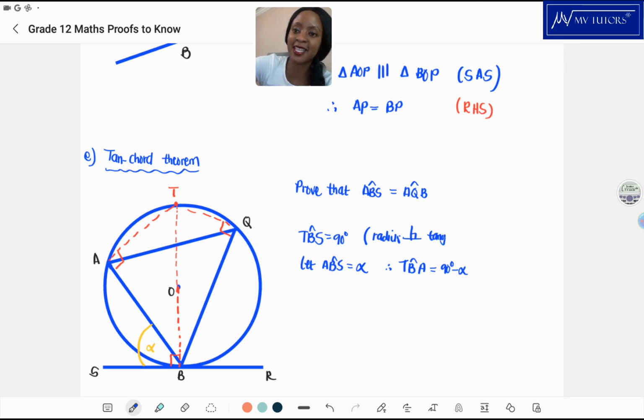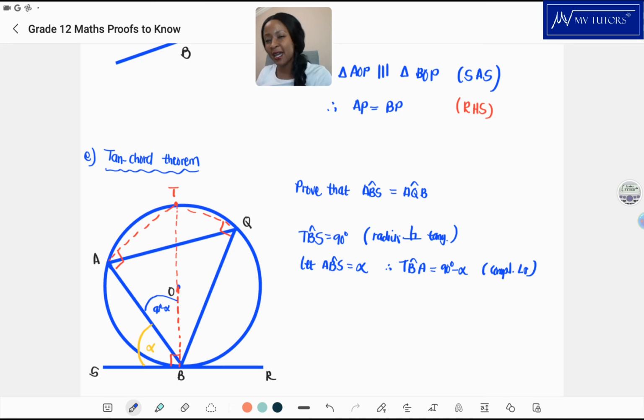And then TBA is 90 minus alpha because those are complementary angles. The sum of complementary angles is 90 degrees. So TBA is here, that is 90 minus alpha.